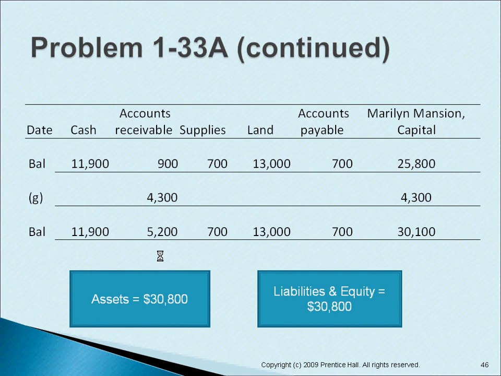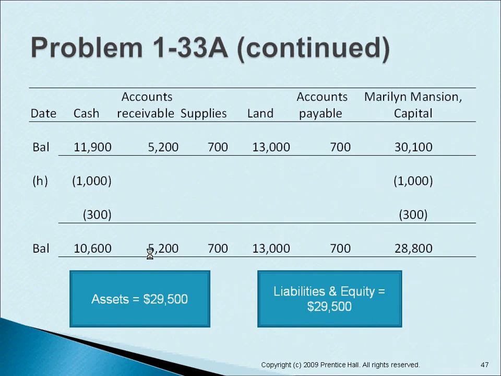Letter H. Okay, recorded the following business expenses for the month. We paid office rent, $1,000. We paid advertising, $300. When you see the word paid in accounting, that means cash is going out. That's a cash outflow. $1,000 for the rent and $300 for the advertising.